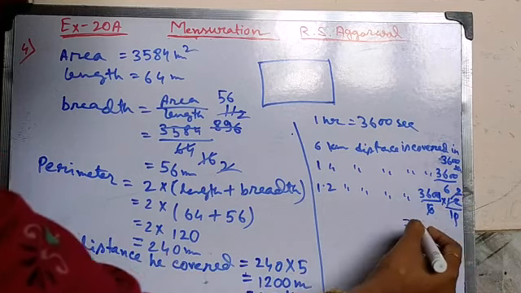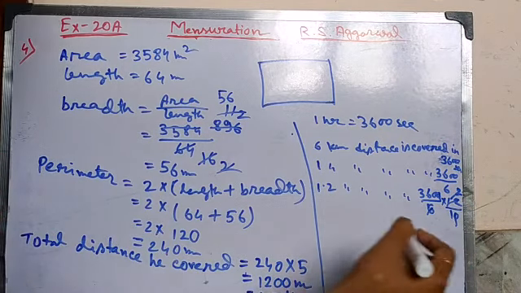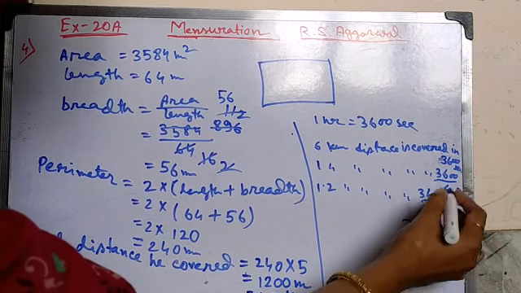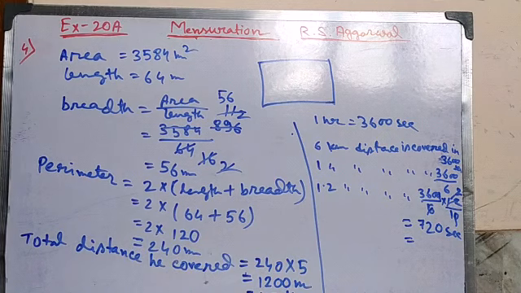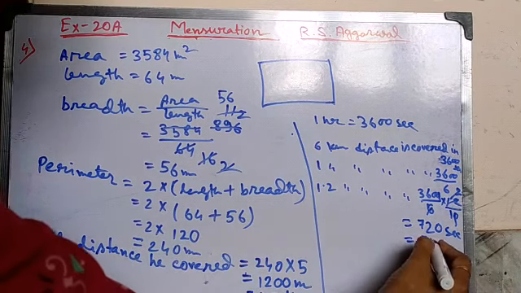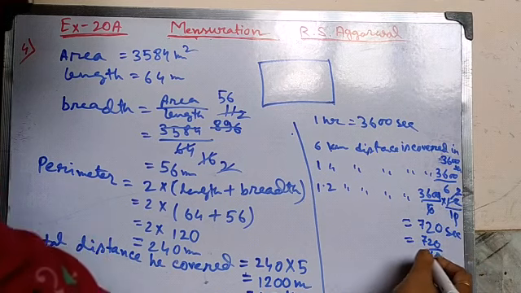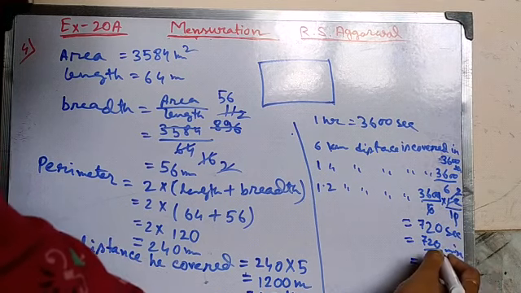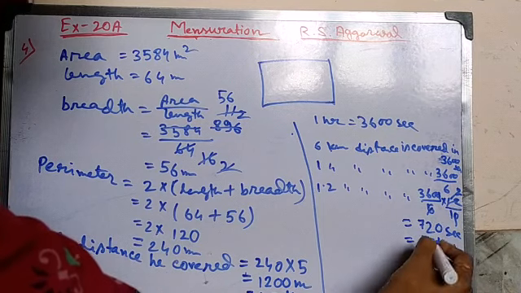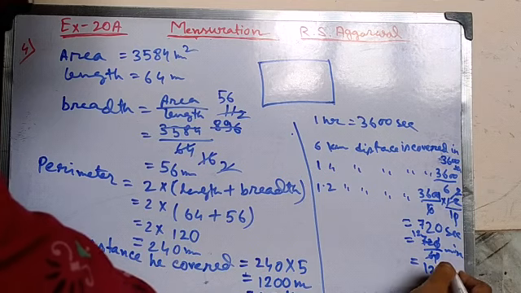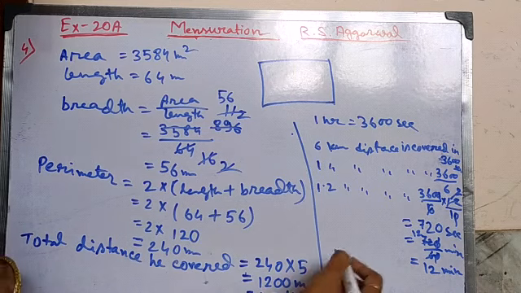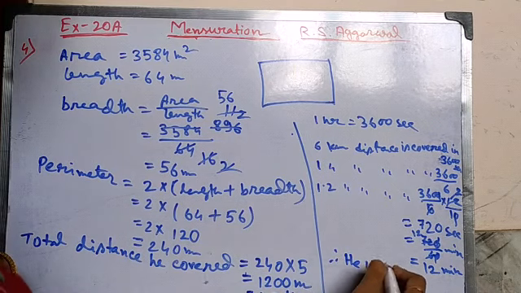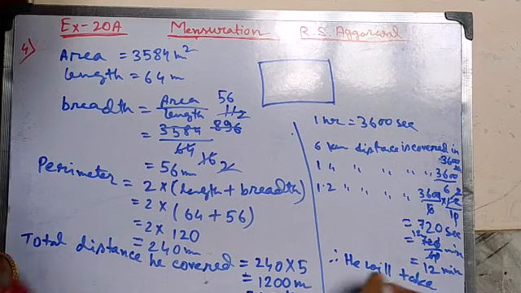Then 1 zero can be cut. So 720 seconds. Then it is converted into minutes. 720 divided by 60. This is minutes. So the 0s can be cancelled. Then this is 12 minutes. Therefore, he will take 12 minutes.